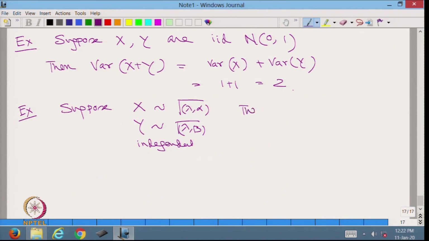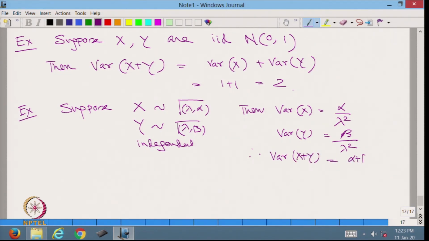Then variance of x is equal to alpha upon lambda squared, variance of y is equal to beta upon lambda square. Therefore, from the above formula we get variance of x plus y is equal to alpha plus beta upon lambda square.